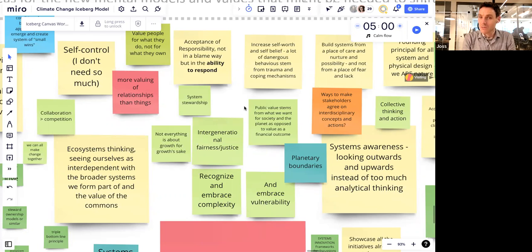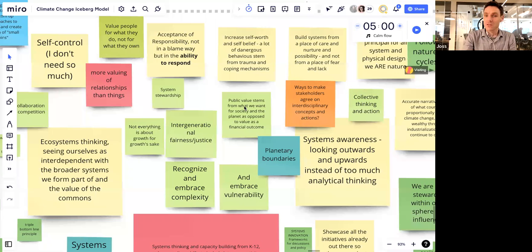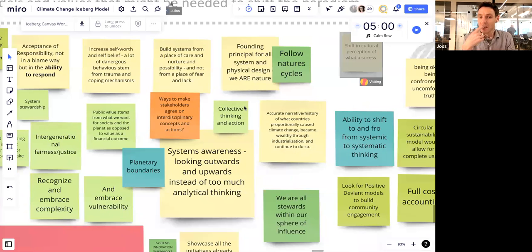Maybe public value stems from what we want for society and the planet, as opposed to value as financial outcomes. Planetary boundaries. Collective thinking and acting. Yeah, quite often we reduce things back down to the individual, as someone was saying, but how can we grow our collective capacity?